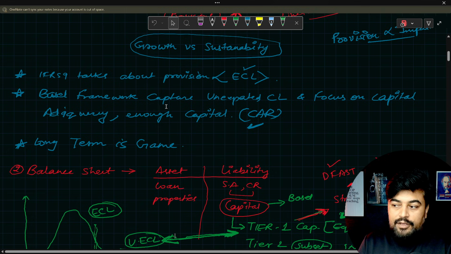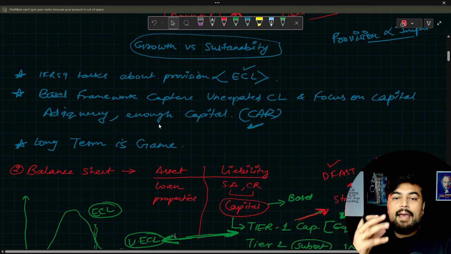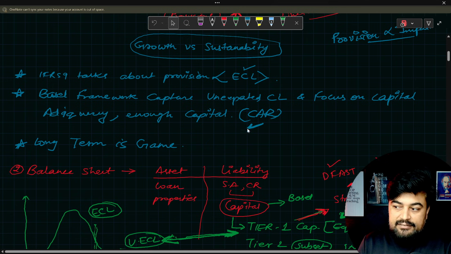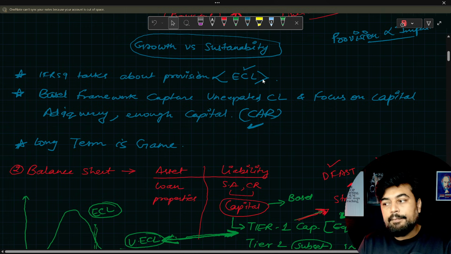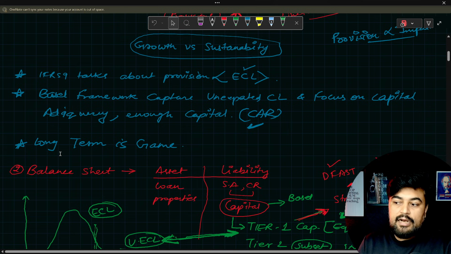Then the Basel framework captures unexpected credit loss, focusing majorly on capital adequacy, so that the bank is not fully liquidated, and there is a CAR model involved in this. So the long term game is all about IFRS 9 because that makes the provision and it makes the business sustainable, so that the stakeholders are getting the benefits long term, not just short term.